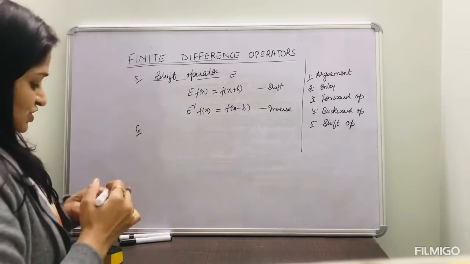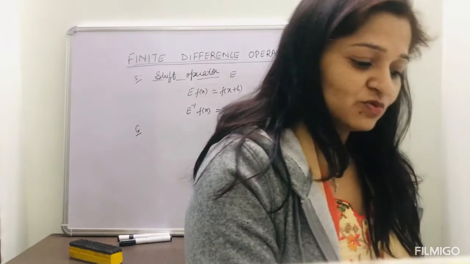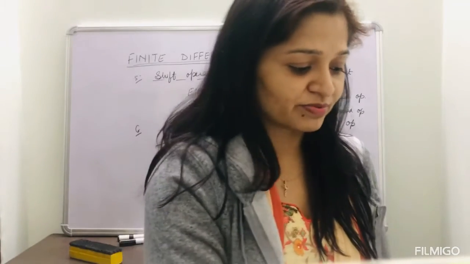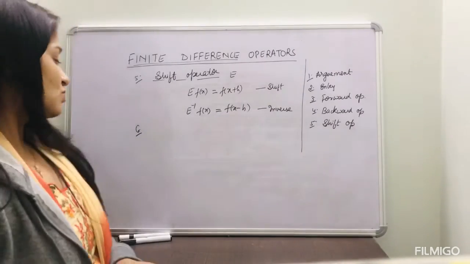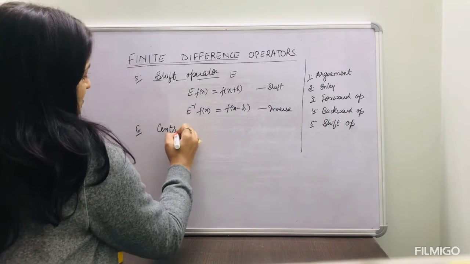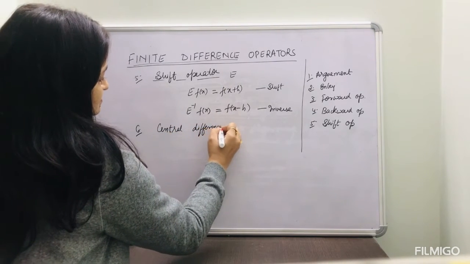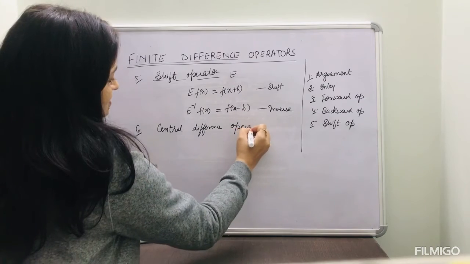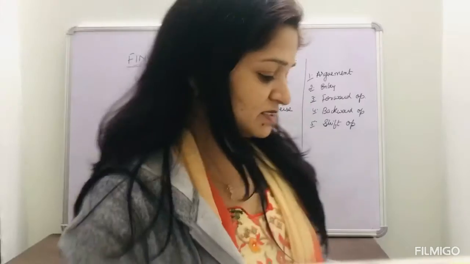Now after shift operator, we are left with two more definitions. First is central difference operator and last we have an average operator. So what is my central difference operator? Central करते हैं बच्चे.